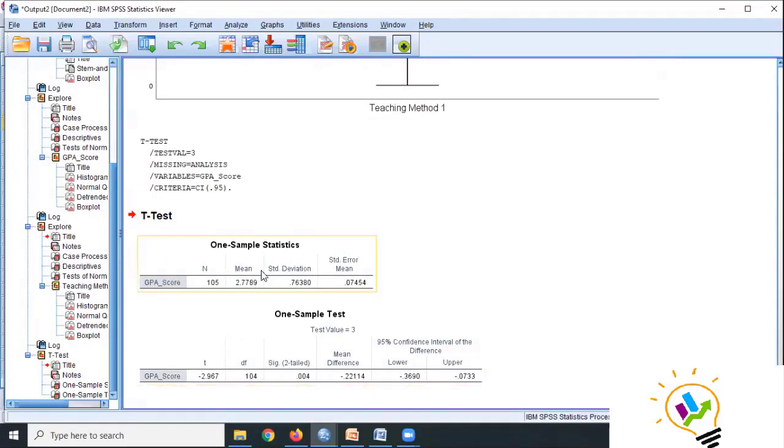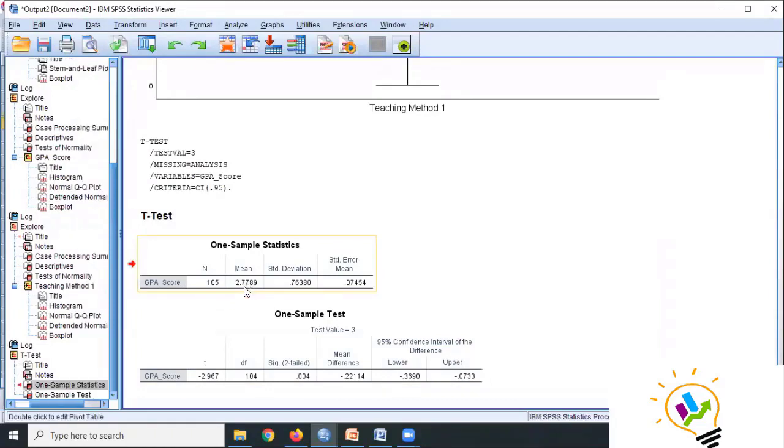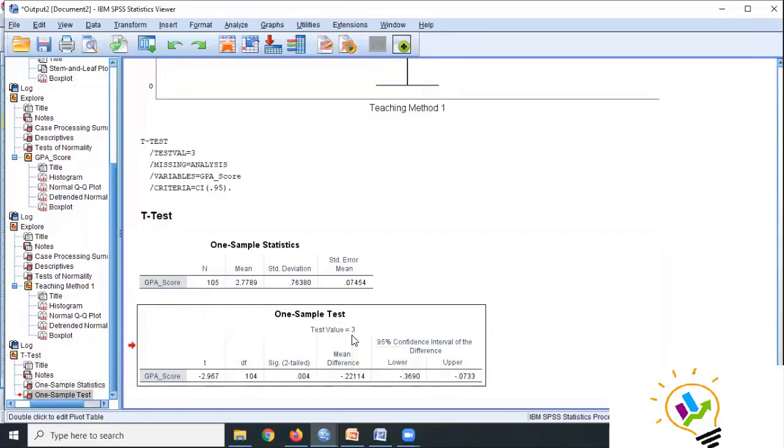Right. Now, these are the test results we have in SPSS. In one sample, you can see for GPA score, the true value is how much? 2.77. Right, madam? Yes, sir. And the test value we have taken is how much? 3. Okay, sir.